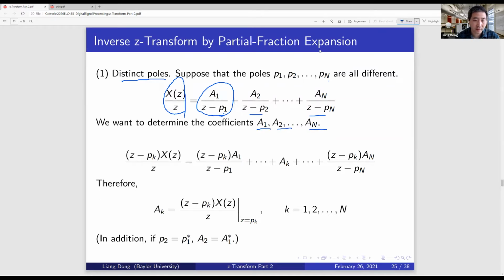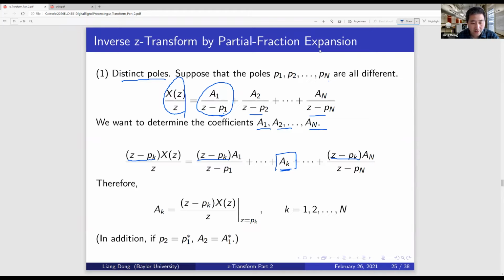If you can do that, then I can solve for it. I just put it into smaller pieces. To do that, we multiply by a factor z subtract one of the poles, p sub k. If you do that, you will leave this on all the other terms except this middle term, where z subtract p sub k is canceled out. So it singles out this coefficient a sub k, and then we can calculate that.